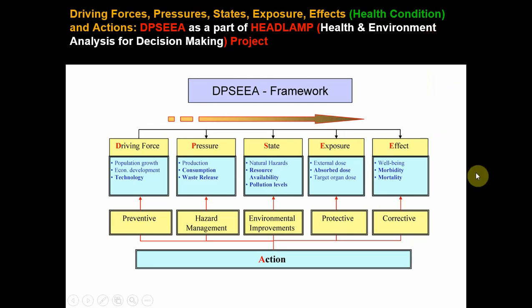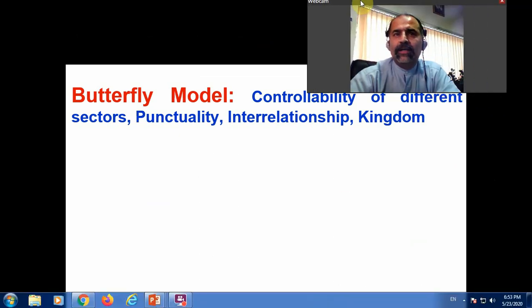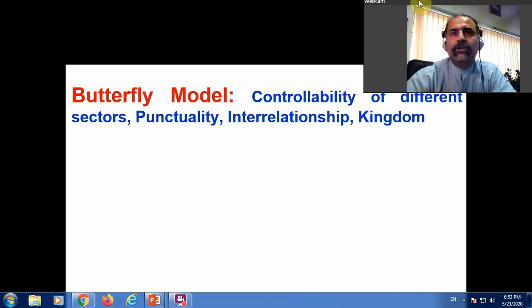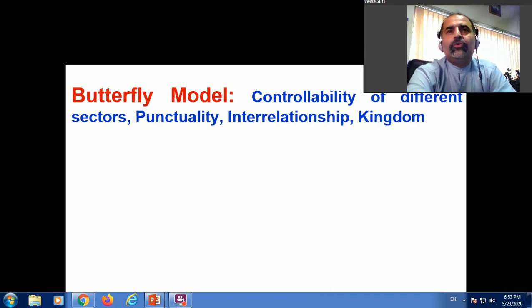So here I would like to tell you also that there is a rule called the butterfly model, and this also has to be considered while we are assessing the issues in our watersheds. And what is that?